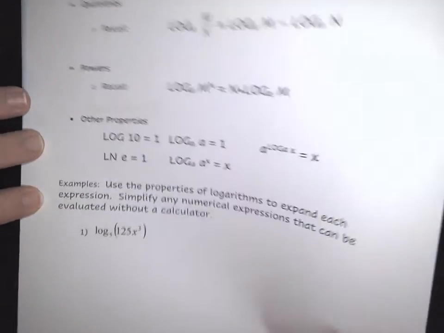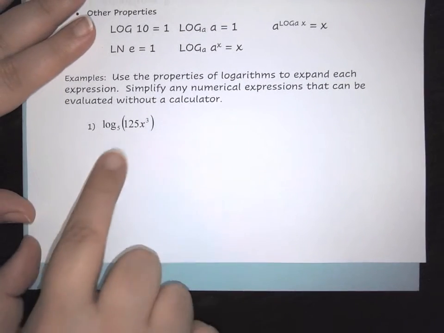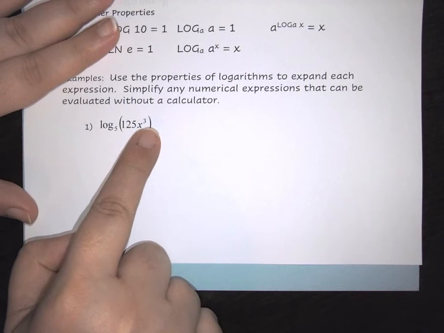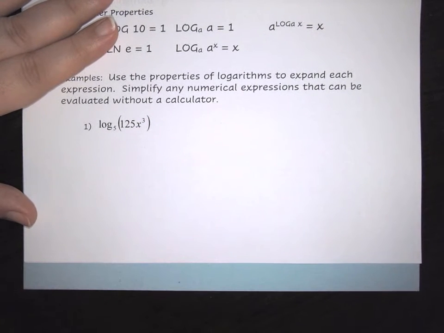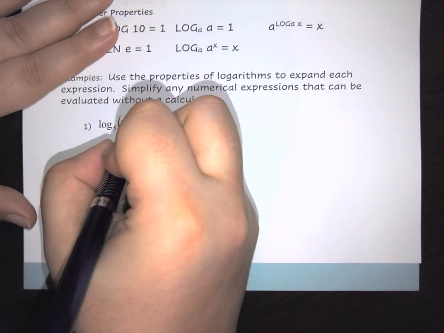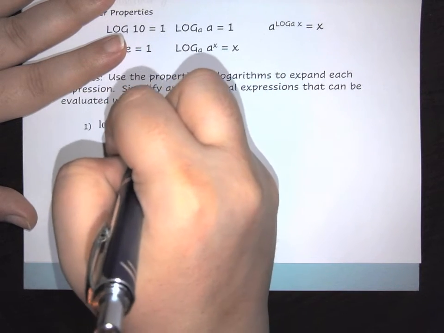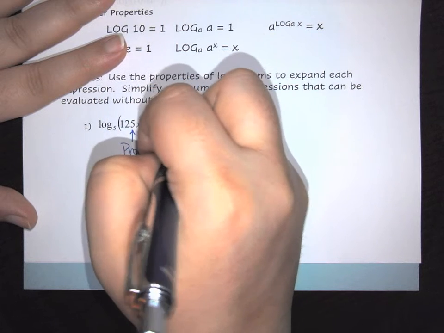So for example, I have the log base 5 of 125 x to the third. The first thing we have to do is decide what it is that we are doing here. If we look inside this parentheses, it's going to follow the product rule.